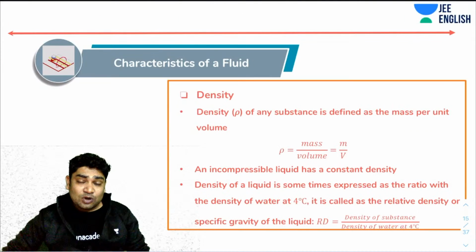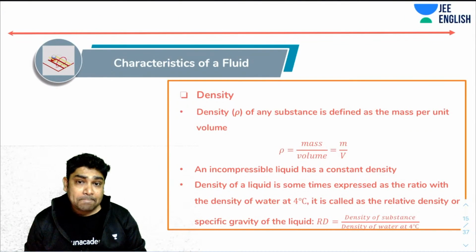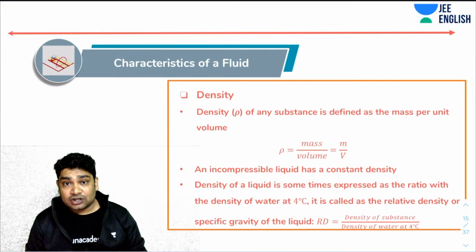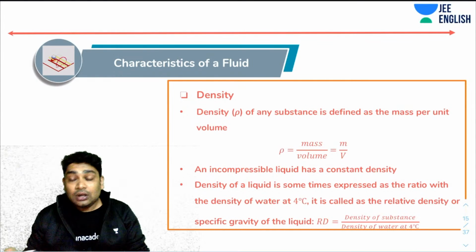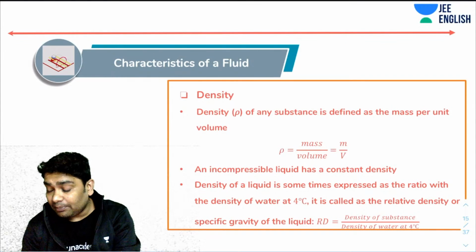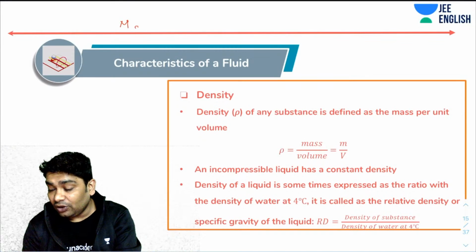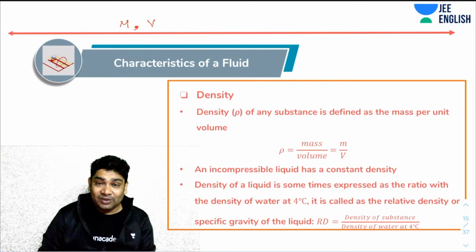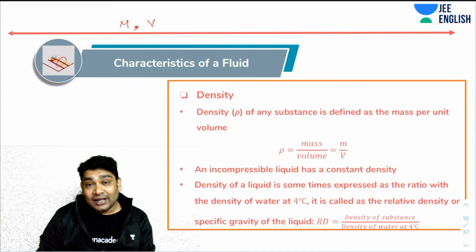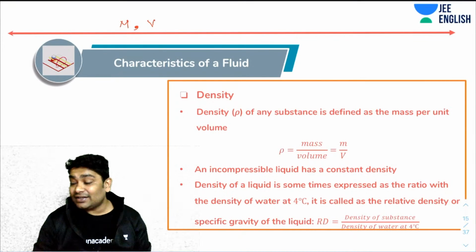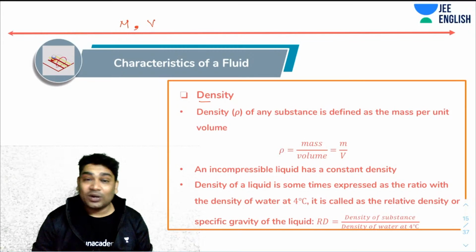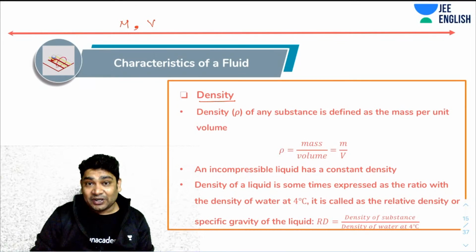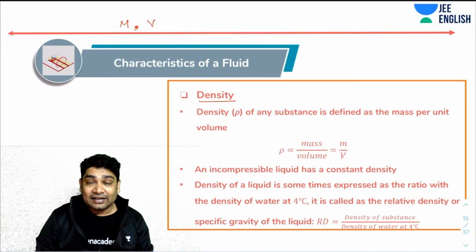Next, let's talk about characteristics of a fluid. Since a fluid does not have a definite shape, however, it does have a definite mass and a definite volume, right? So mass and volume will be definite for any liquid, and any liquid can be characterized by its density. Density is a peculiar quantity related to any liquid.